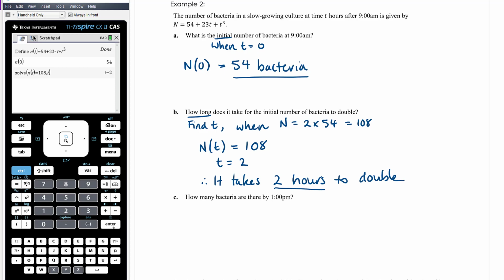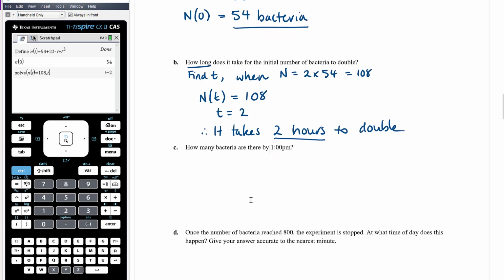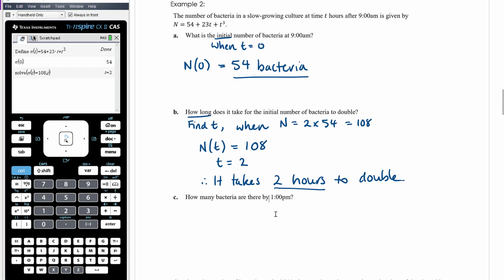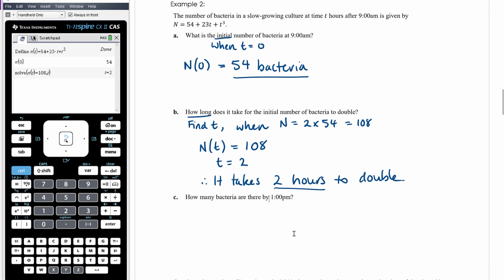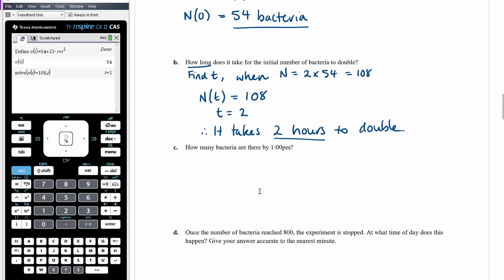How many bacteria are there by 1 p.m.? Okay, so this is where we have to think about how time is measured. So if we go back up to the top, time is measured t hours after 9 a.m. T is in hours after 9 a.m., so we want to know how many hours after 9 a.m. is 1 p.m., okay? So 9 a.m. to 1 p.m. is 4 hours.